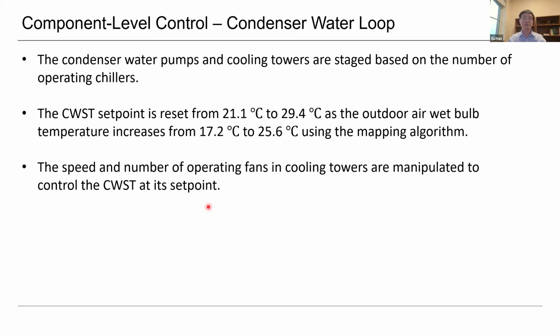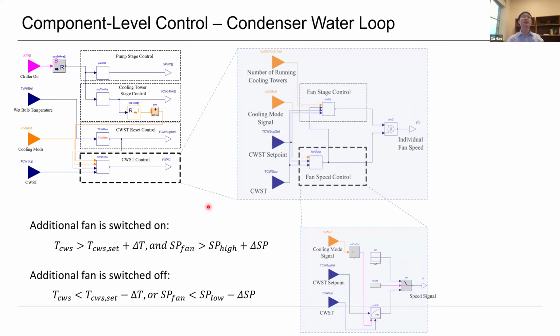And let's look at their control. This is the condenser water loop controller. So they take, for example, the chiller on signal and the wet-bulb temperature, cooling mode, also condenser water supply temperature as the input, right? And then they have the controller. For example, this is a controller for the condenser water temperature, okay?